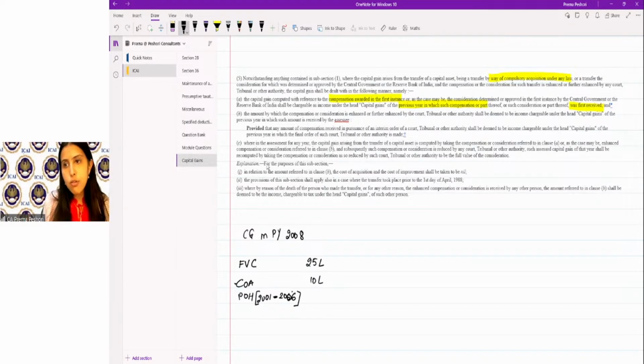So if my land is also taken up, I do not have the money, how will I pay capital gain? So therefore, to remove that hardship, a specific charge is created. But the indexation and the period of holding will stop in 2006 because it is not held after 2006. Are we clear? Then with respect to the enhanced compensation.